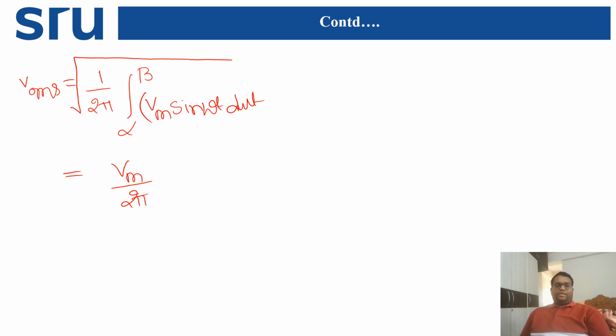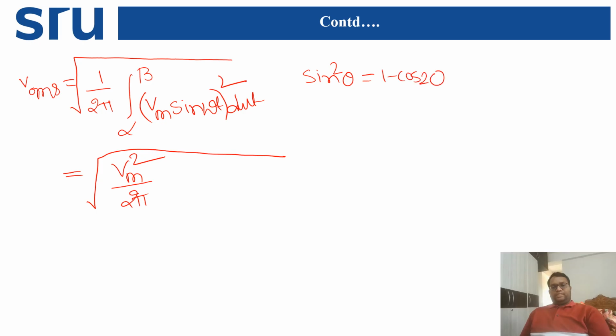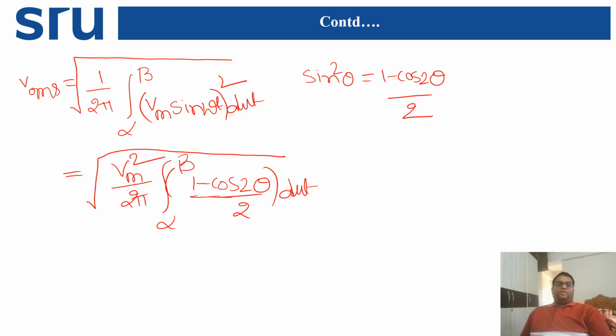Here RMS means we have to square it, so Vm squared by 2 pi. Sine squared theta, as we know, is equal to 1 minus cos 2 theta by 2. So we substitute 1 minus cos 2 theta by 2 over here. Then the integration from alpha to beta of d omega t.